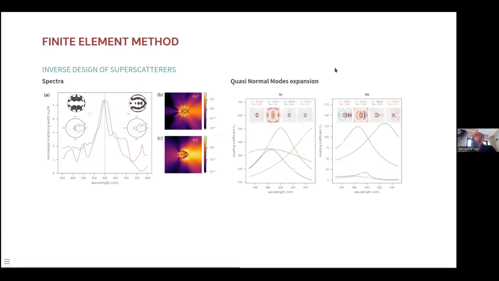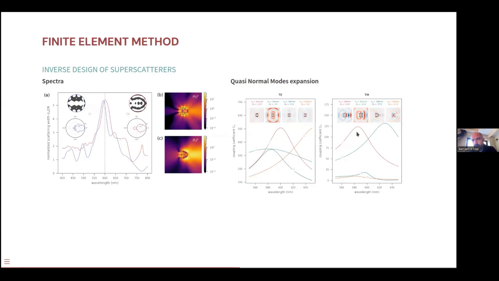And in the literature, it was said that this strong forward scattering was due to the simultaneous excitation of eigenmodes. So we are able to calculate how much the modes couple to the incident field. And you can see in the TE case, there's one mode that is very much excited, with little excitation from the other modes.